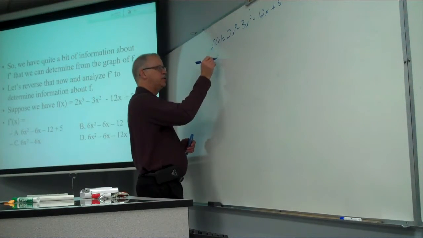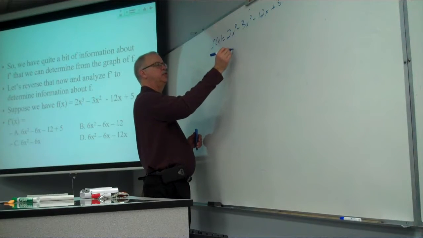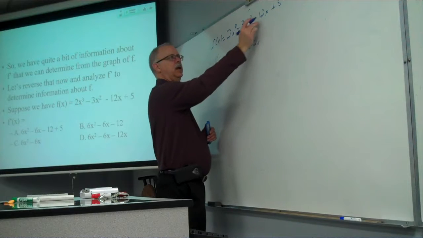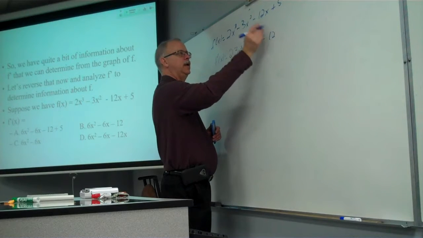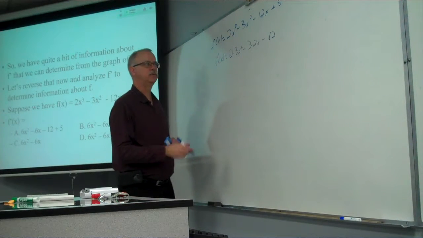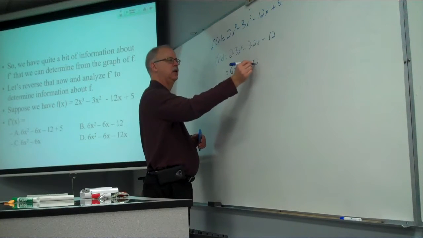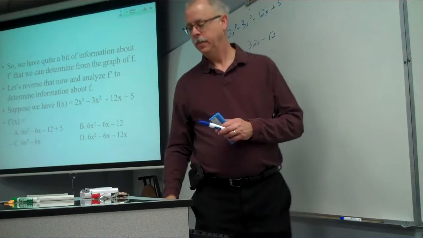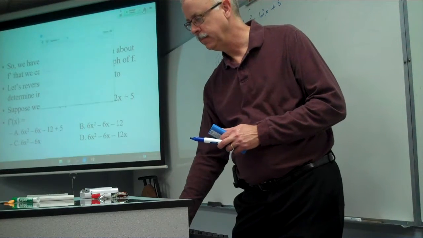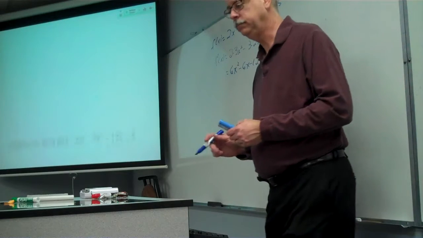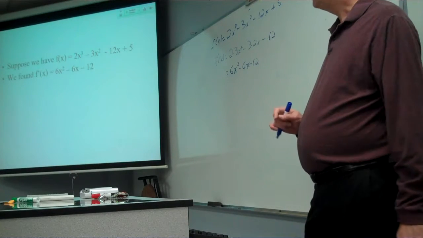Term by term, the derivative is 2 times 3x squared, minus 3 times 2x, and then for the linear term, it's just the slope, minus 12. And so we get here 6x squared minus 6x minus 12, which was b. So we've got that derivative.